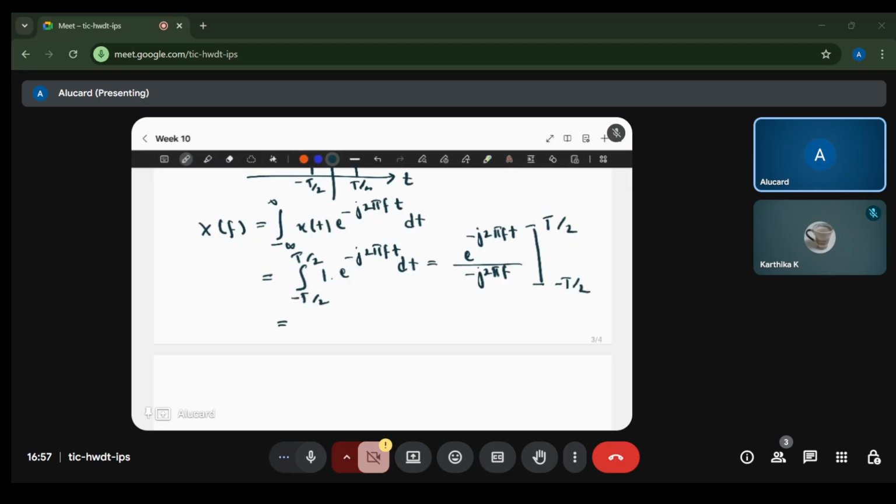So this becomes, at T by 2, we'll take the minus 1 over j 2 pi f outside. This is e power minus j 2 pi f T by 2 minus e power plus j 2 pi f T by 2.